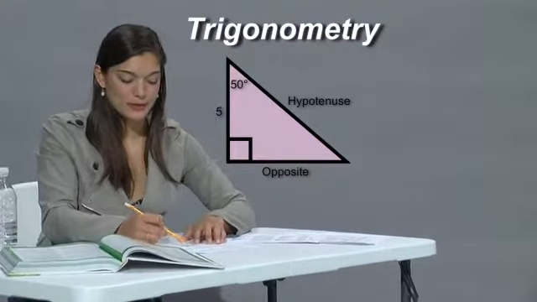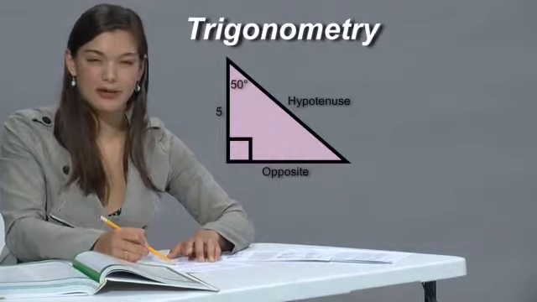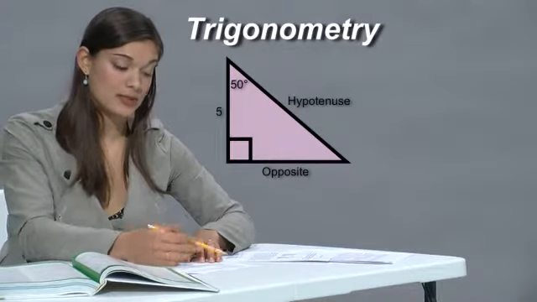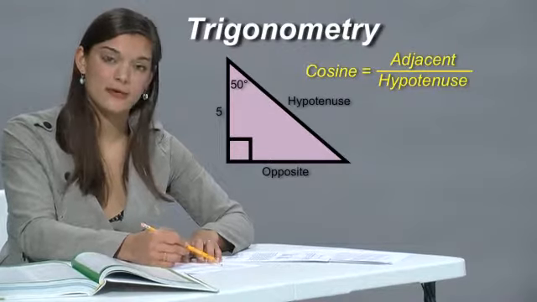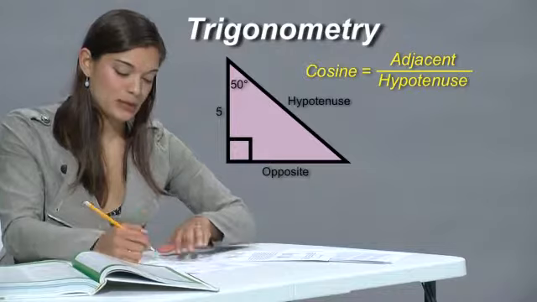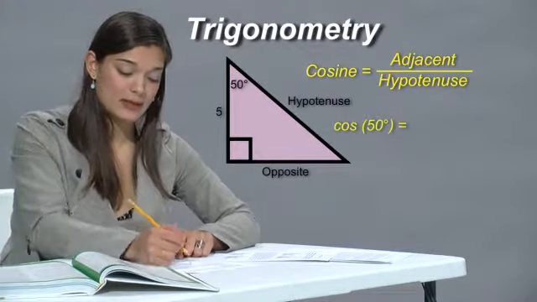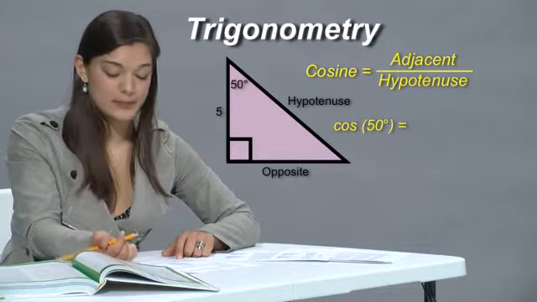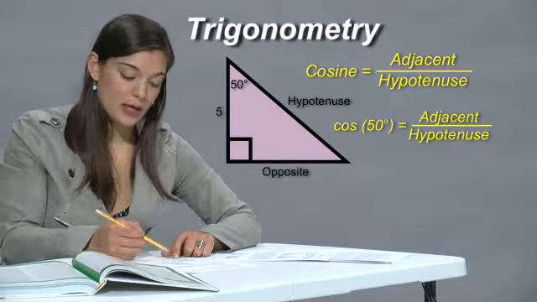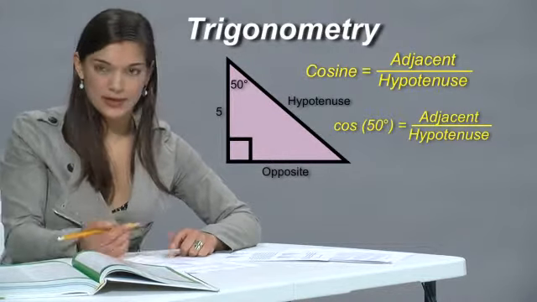So what ratio relates adjacent to hypotenuse? Let's go back to SOH CAH TOA. Let's see, cosine is adjacent over hypotenuse. So let's use cosine for this problem. So we can say cosine of the angle we have, 50 degrees, equals adjacent over hypotenuse. And we have the adjacent side, so we can plug that in.